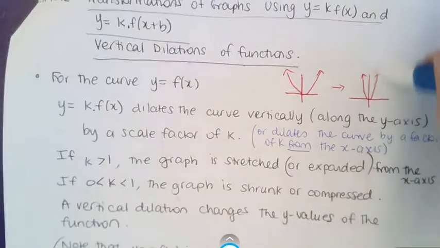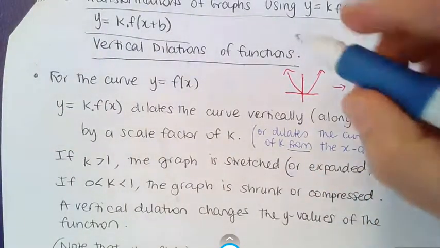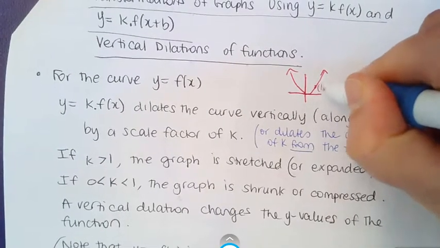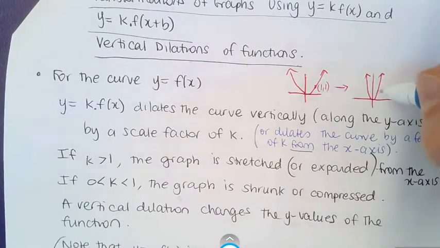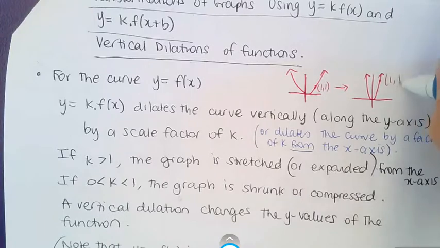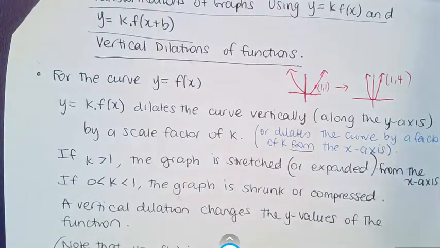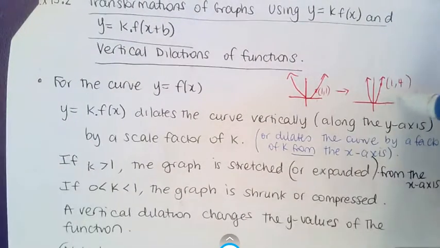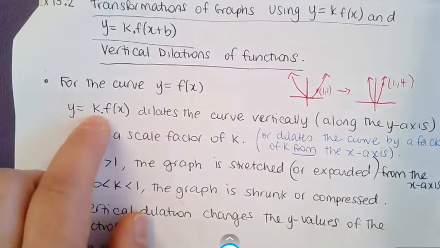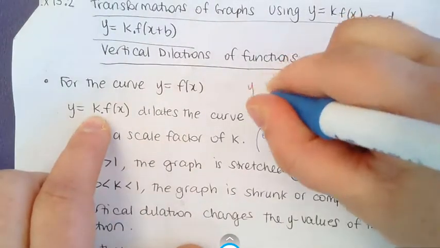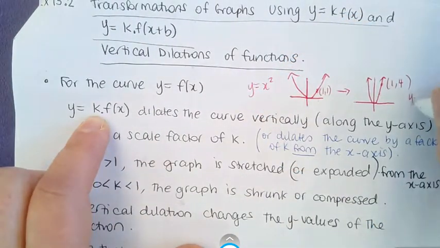It's stretching it along the y-axis. So, for example, if this was the point 1,1, it now might be the point 1,4 or something. So the y value got stretched up, got moved up. The y value got moved. So the example of this might be y equals x squared, and this one's y equals 4x squared.